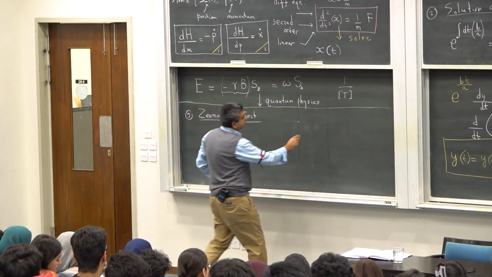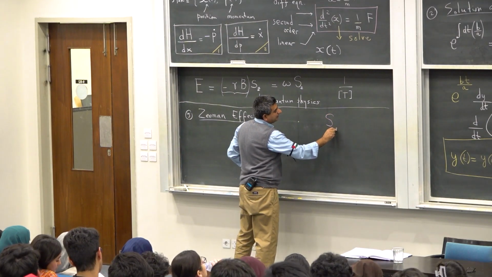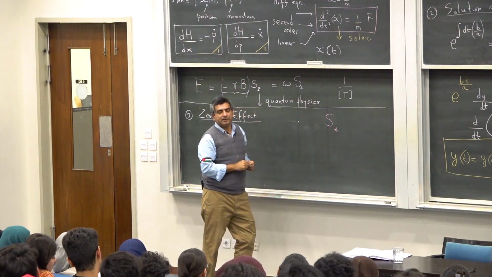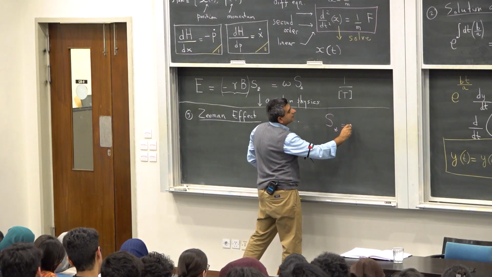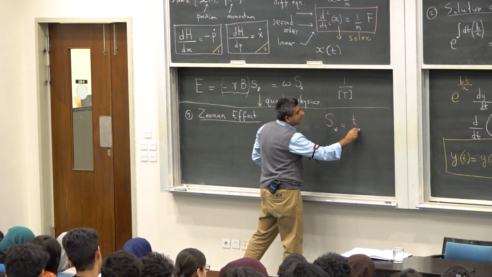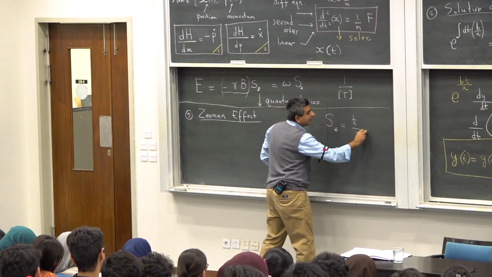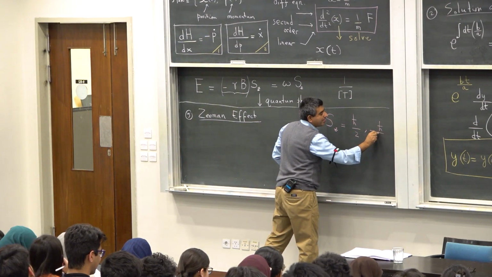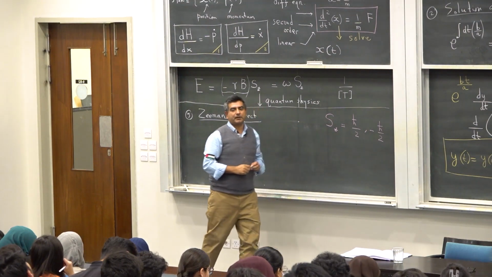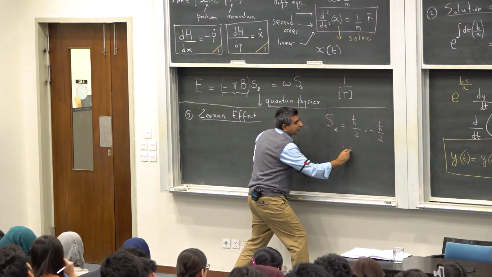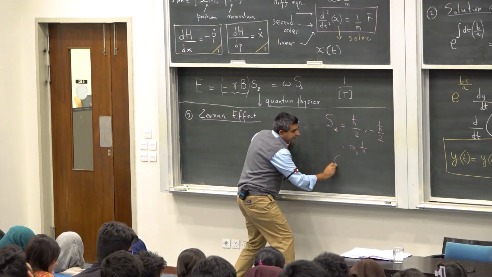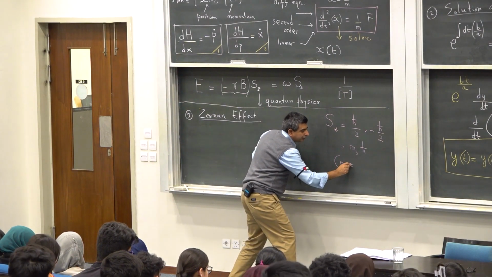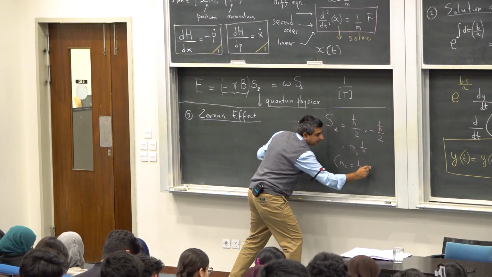Therefore, this Sz can take up the values h bar by 2 or minus h bar by 2. So this Sz is really equal to ms h bar, where ms can take up values of plus half and minus half.